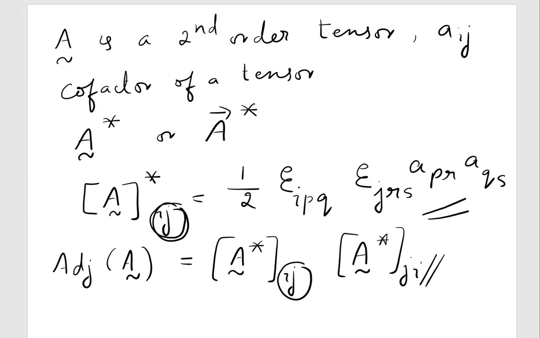Okay. Now we shall go to the identity. We shall prove one identity using this cofactor of a tensor. Let us take the identity. Identity is this.